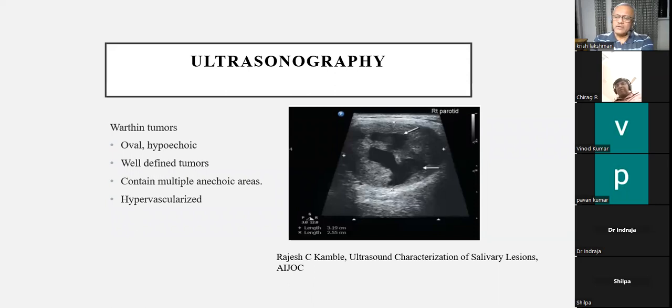Nowadays you don't see too much HIV, but in the late 90s and the first decade of the year 2000 up to 2010 or 2015, we used to see these large cystic lesions of the parotid, and they do not look very different from the Warthin's tumor that you're showing. Of course, there won't be any solid element in it, but that's a differential diagnosis that you must have in mind.